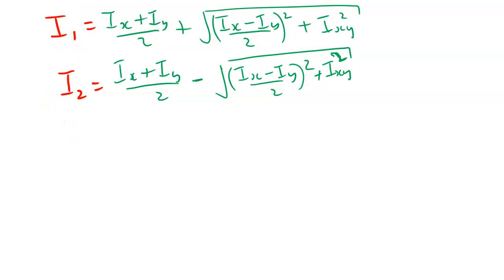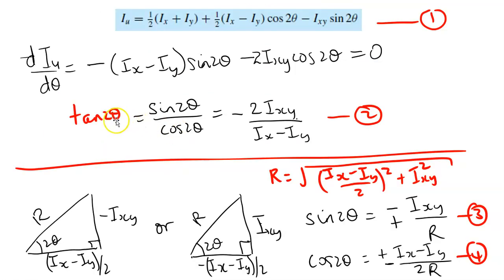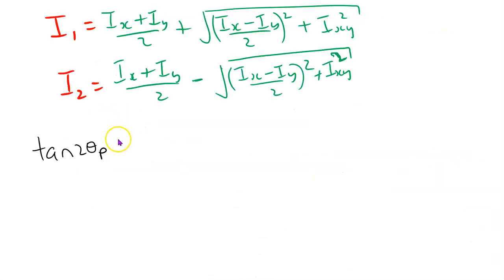And the answer goes back to the equation 3 that we derived, sorry, equation 2, which is tan 2 theta p. And now I'm just putting p to stand for principal. I just had it as tan 2 theta before, but tan 2 theta p is going to be equal to minus 2Ixy over (Ix minus Iy).